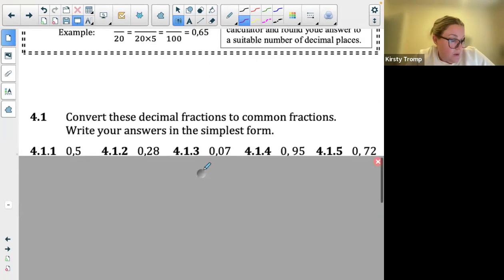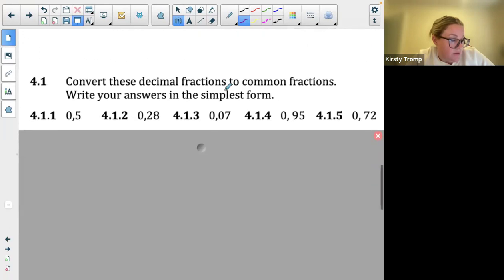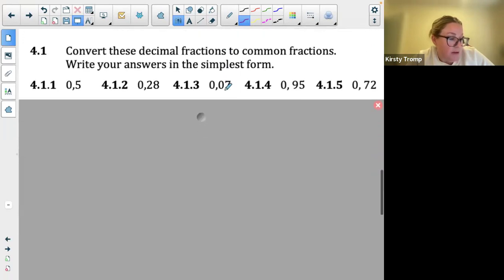So what I want you guys to do is there are 5 questions there. You're going to convert those decimal fractions to common fractions and write them in the simplest form for me. Off you go. There's 5 questions there. I'm giving you 3 minutes to try by yourself, and then we're going to do the answers.